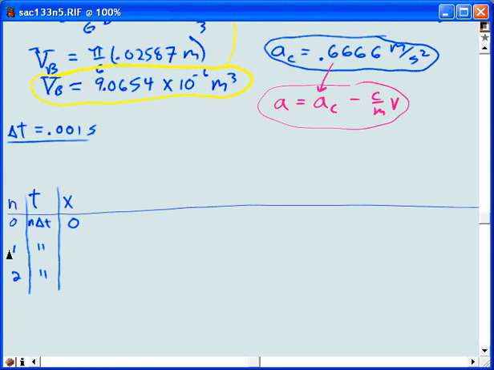And then x sub n, like x1, will be the previous x, so I'll call that x sub n minus 1. In this case it'll just be the 0, but it's the previous one plus the velocity that's appropriate for the time interval from 0 to 1. From n is equal to 0 up to n is equal to 1.